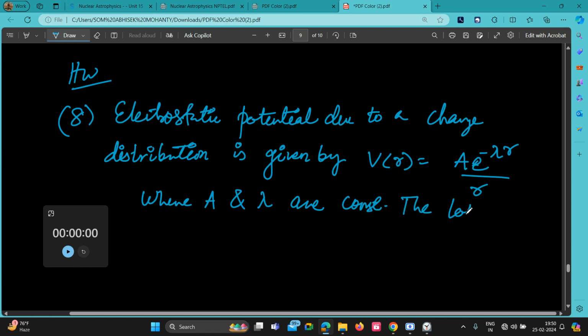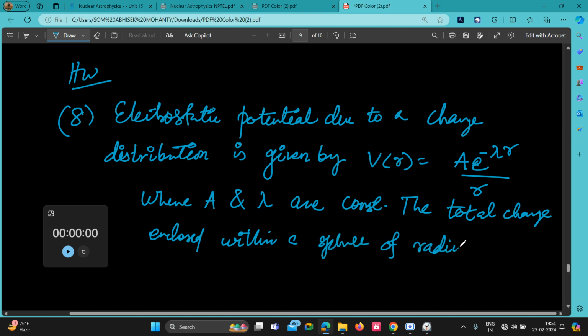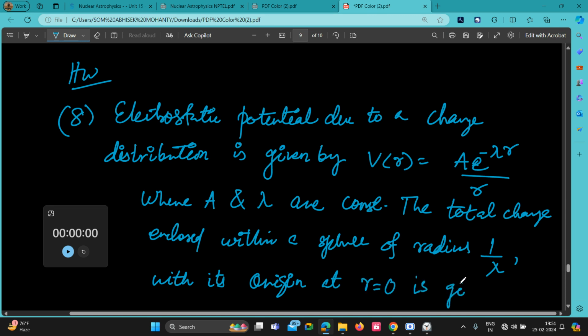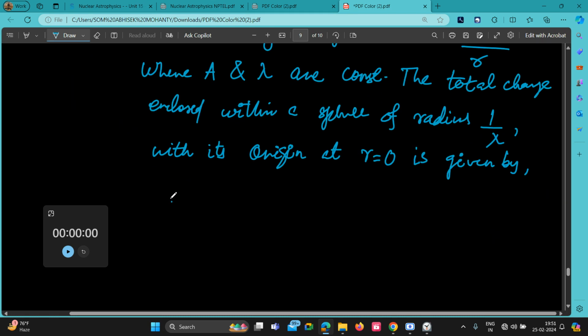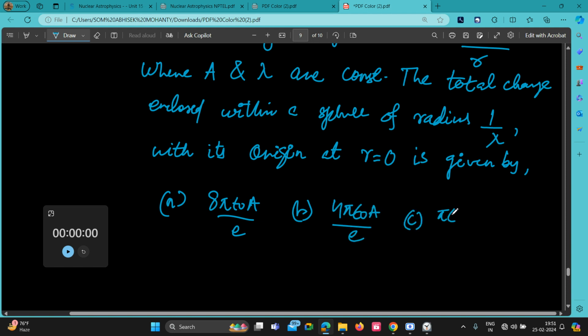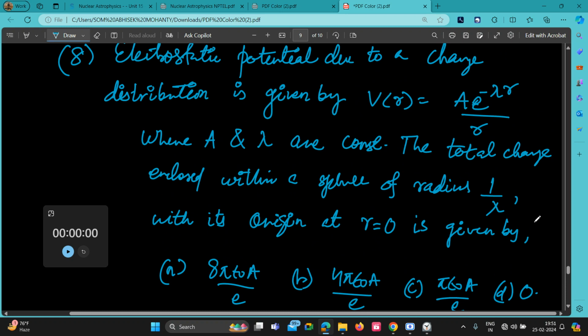The total charge enclosed within a sphere of radius 1 by lambda, with its origin at r equal to 0, is given by: option A, 3 pi epsilon naught A by e; option B, 4 pi epsilon naught A by e; option C, pi epsilon naught A by e; option D, 0. The electrostatic potential due to the charge distribution is given by V(r) equal to this much.